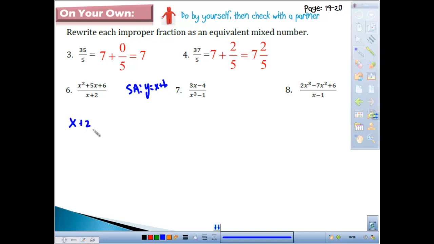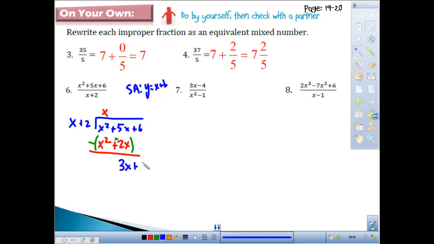So x plus 2 divided by x squared plus 5x plus 6. From x to x squared, we'd multiply that by x. X times x would be x squared. X times 2 would be positive 2x. And now at this stage, we have to take the opposite of everything that we have right here, so that means minus here and also a minus here. So 5x minus 2x gives us 3x.